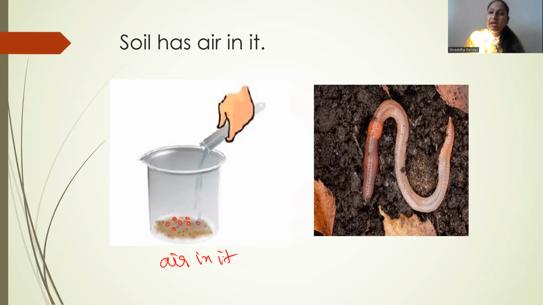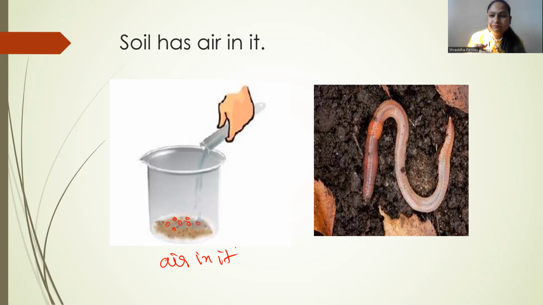Many animals form burrows. They dig the soil and stay inside that pit. So how do they get air? In whatever burrow they have formed, whatever digging they have done, in those spaces the air is filled. With that air, the organisms breathe in and out.